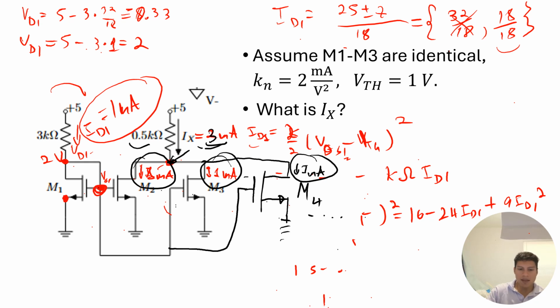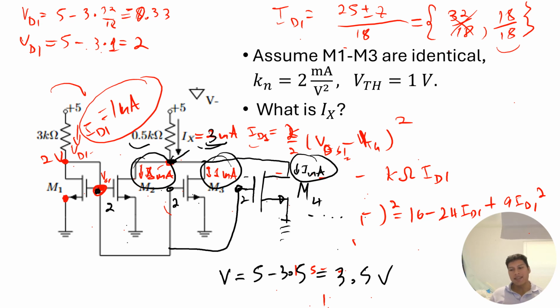At this point we're still safe, because if we have 3 milliamps, the voltage here will be equal to 5 minus 3 times 0.5, which gives me 3.5 volts. Since all these VGs are at 2 volts, all of these remain in saturation, because VD for all of them, including VD4, will be 3.5, which is greater than 2 volts, so we're good.